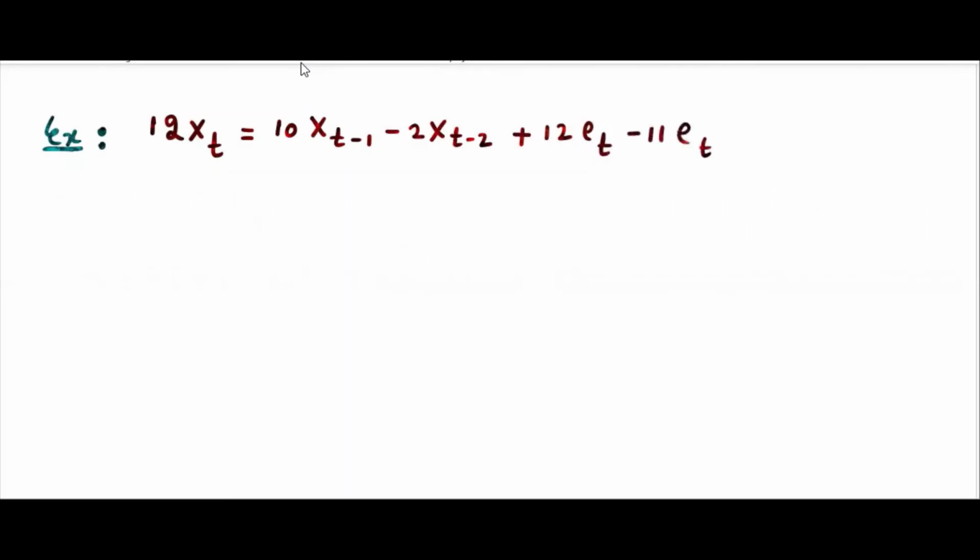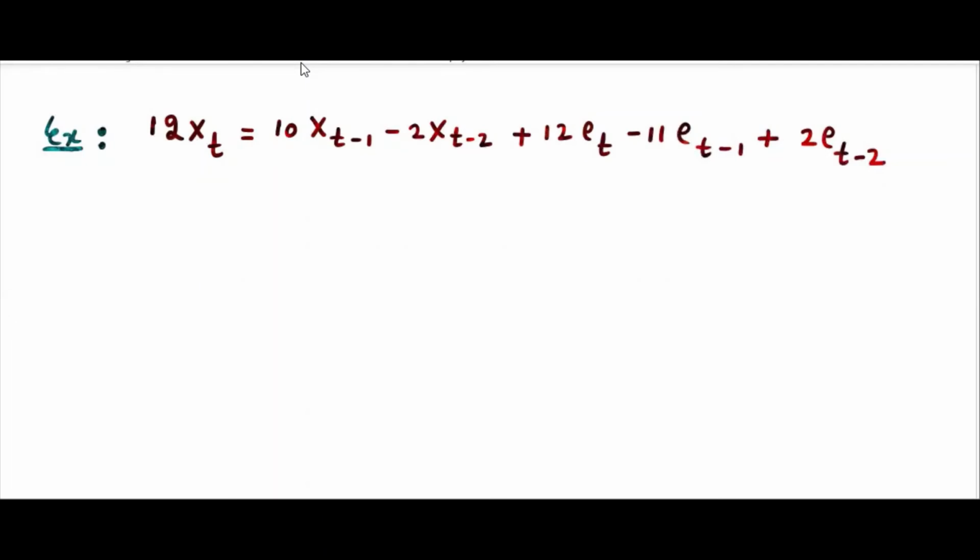You need to check whether this process I am writing here, 12 X_t = 10 X_{t-1} - 2 X_{t-2} + 12 e_t - 11 e_{t-1} + 2 e_{t-2}.